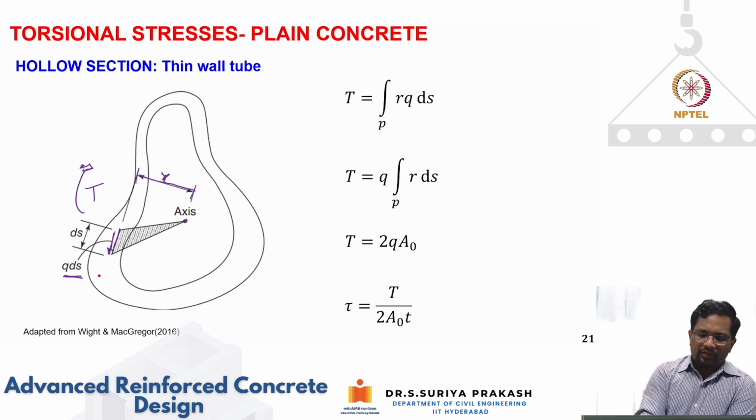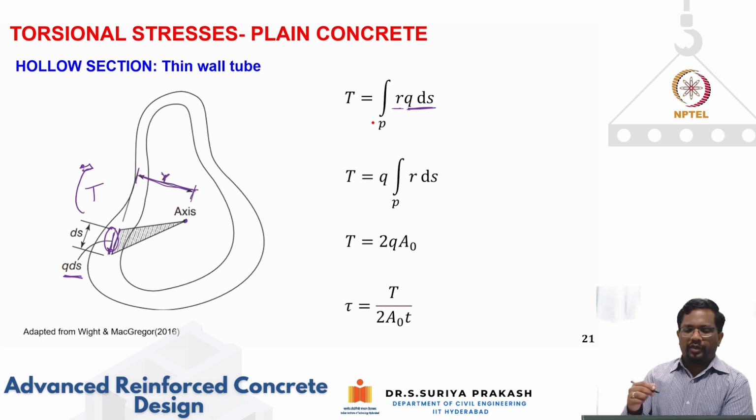That is going to be q into ds, which is the force, multiplied by the lever arm r. So force times distance is basically the twisting resistance that I am getting for this applied torque. But this I have to integrate over the entire perimeter of this tube.